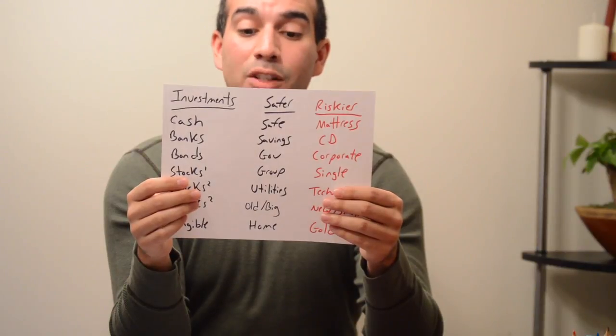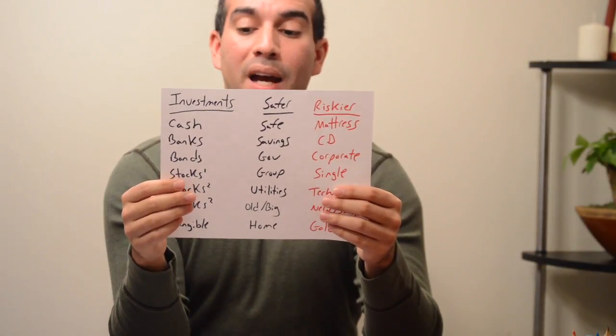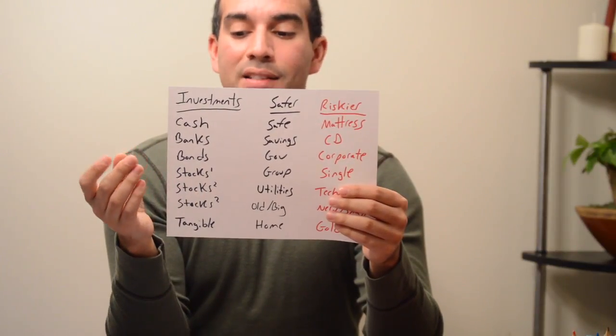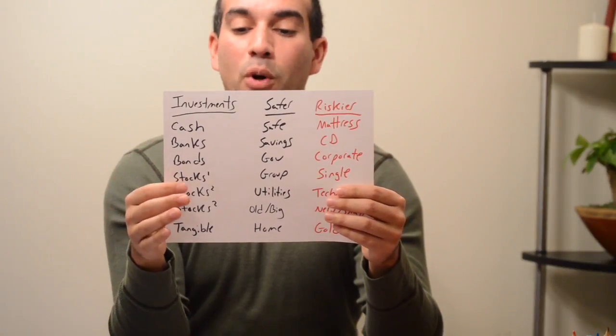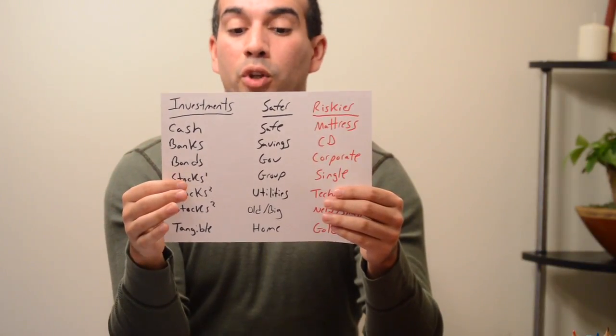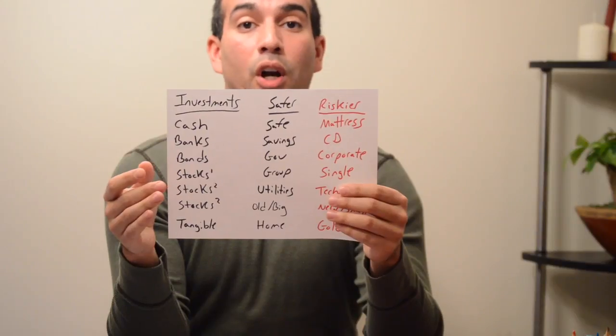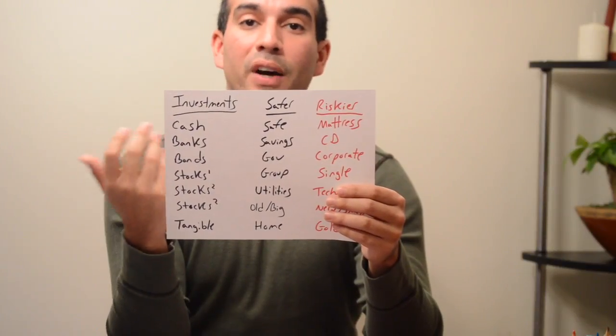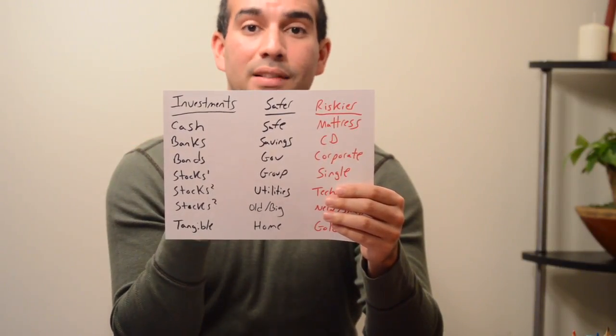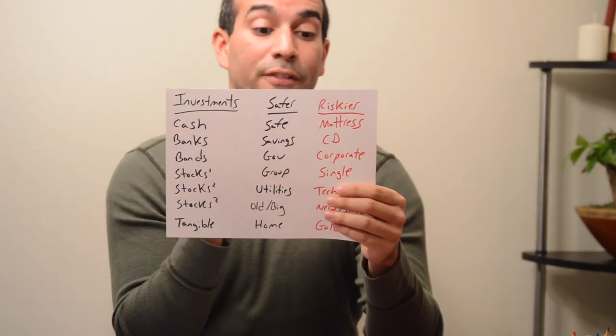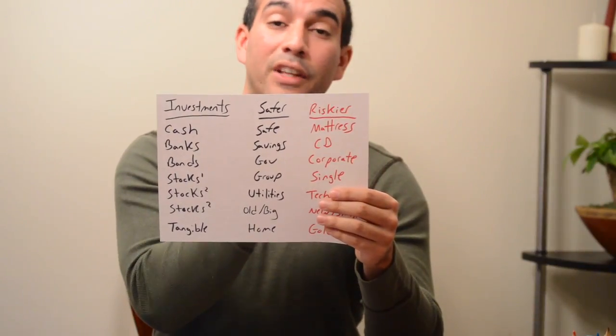So as far as stocks, when you buy a stock, you can buy a group of stocks. So a lot of you, when you have exposure to your retirement account, may buy stocks in what are called mutual funds. And a mutual fund is essentially a group of stocks. And that's safer than buying an individual stock.